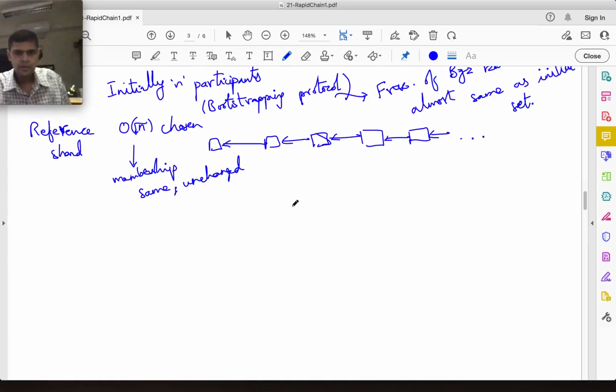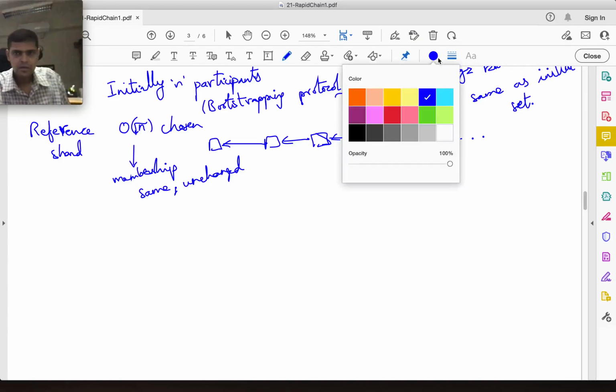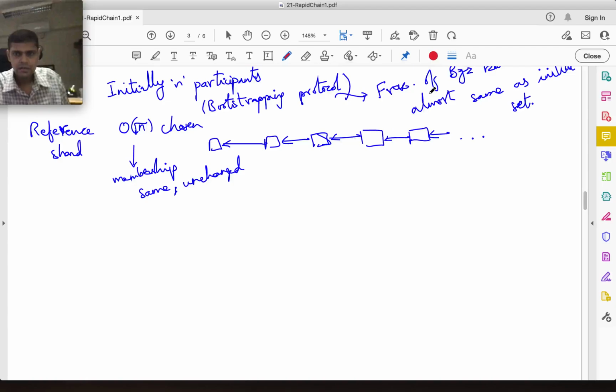Then what are we going to do? So this reference shard is going to add blocks over time, and the information here is about who are the selected nodes.